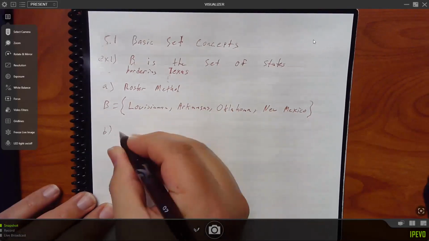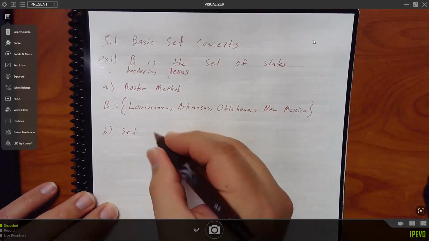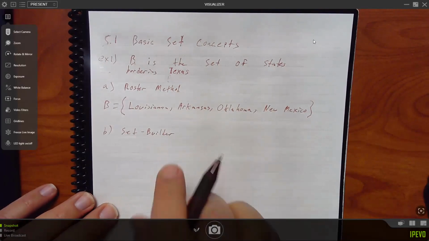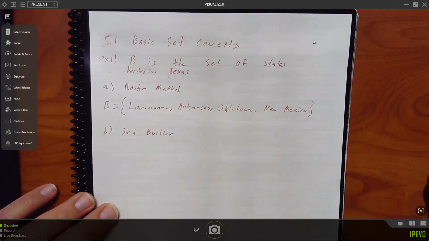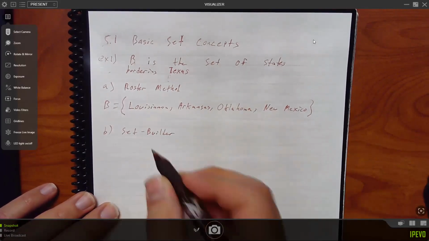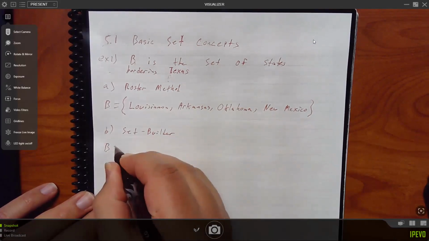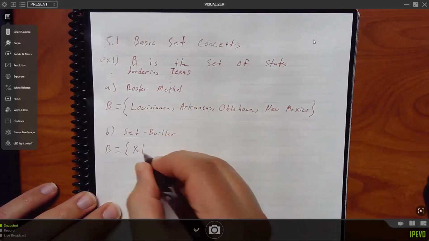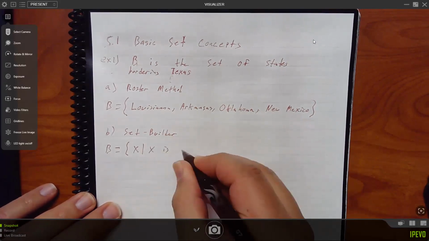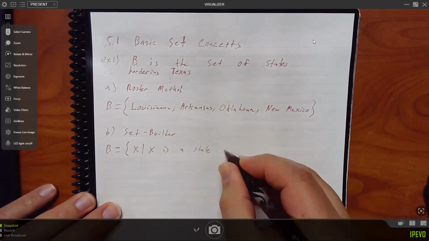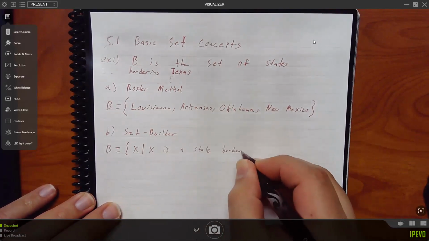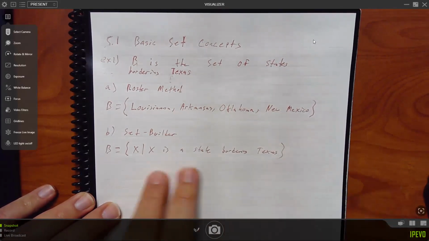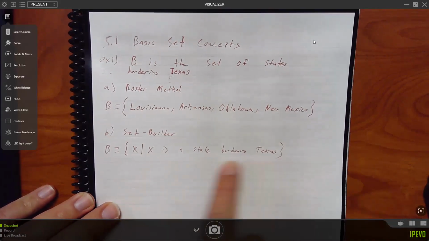Now, if they say set builder notation, then they label this with a variable, and then they write it out. So set builder would be still using braces, but they're going to say x such that x is a state bordering Texas. Like if this was a math equation, they would put it here, and x would be the variable.